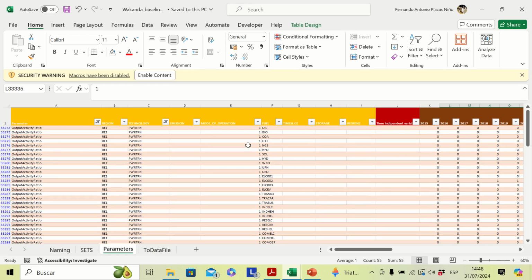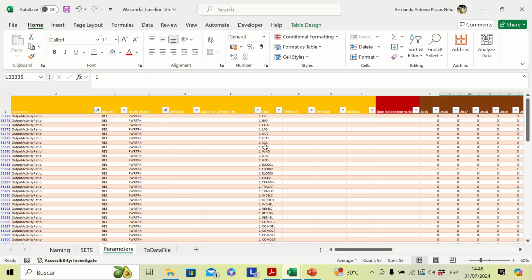So in that sense, we can see where the mistake or error is, just in case that we have one. So please keep in mind to do that. I'm not going to do it just for the sake of time, but it's a very good recommended practice when you are working with this kind of modeling exercises.